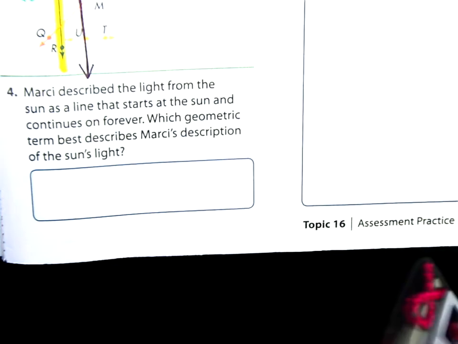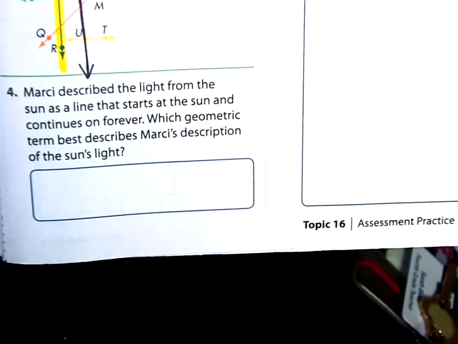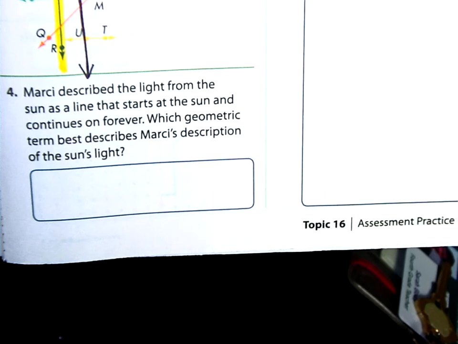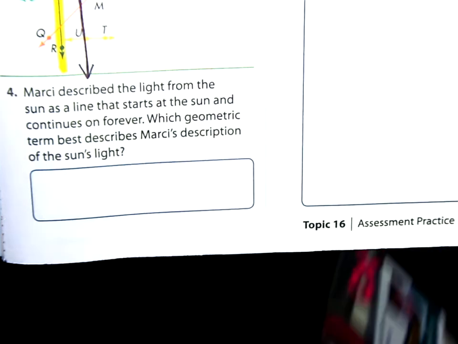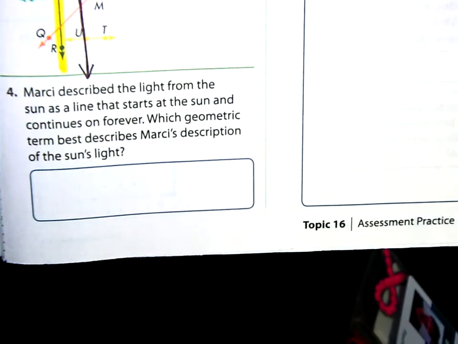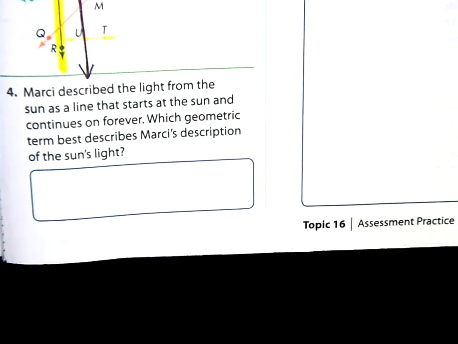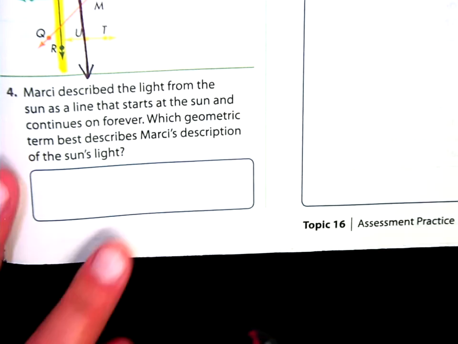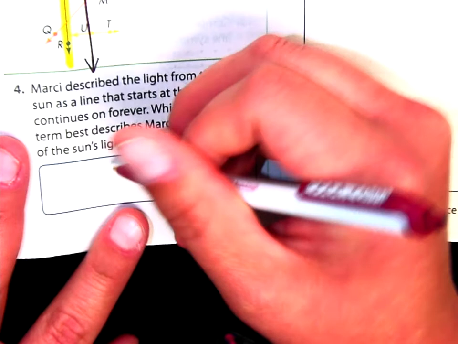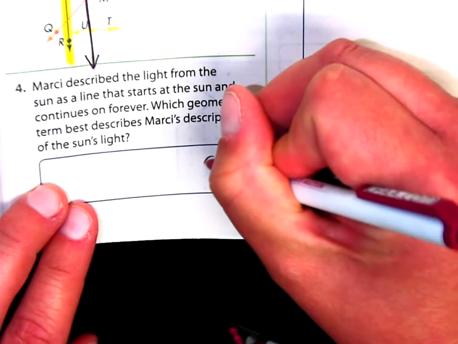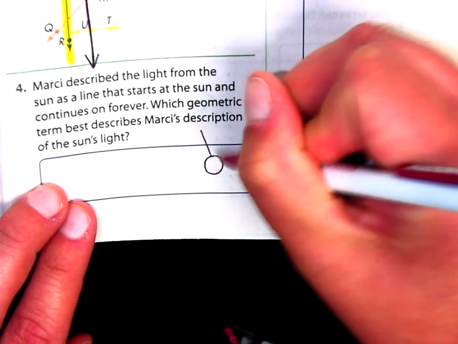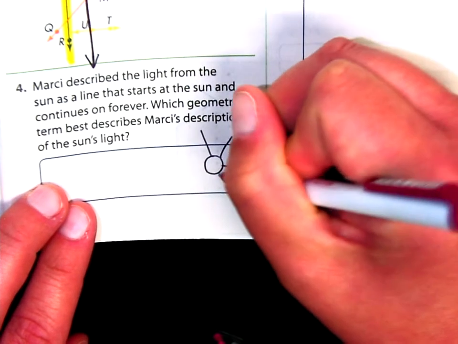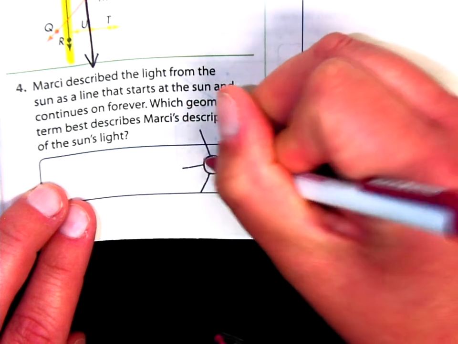Marcy described the light from the sun as a line that starts at the sun and continues on forever. Which geometric term best describes Marcy's description of the sun's light? So I actually did this with a couple of you guys where I talked about when you're younger, and even me, I draw the sun, right? And we know that it's going on forever and ever because it's just shining brightly.